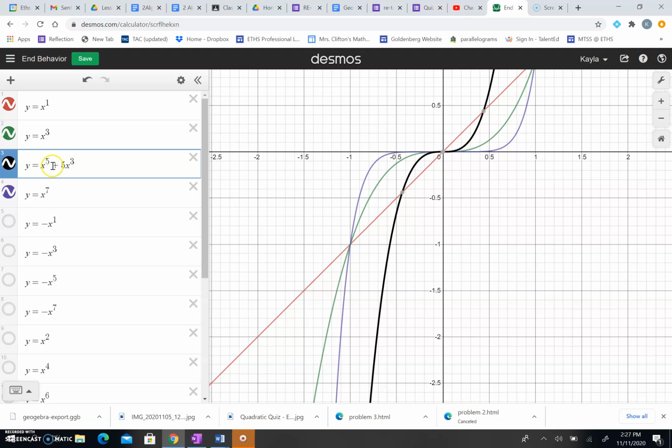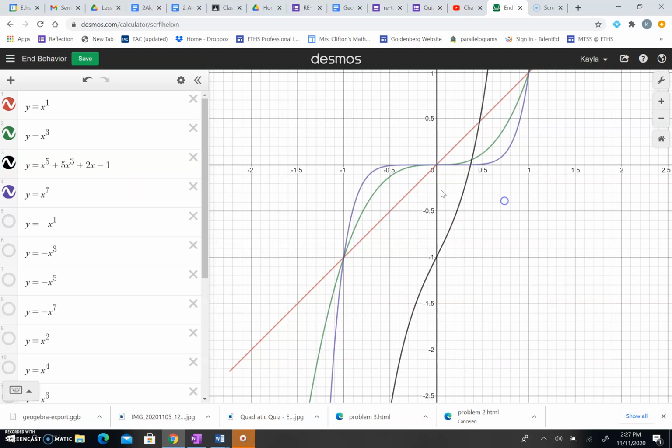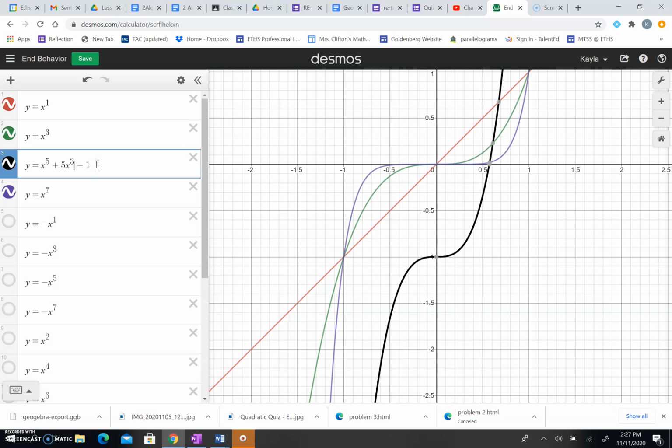It matters that the biggest power is the 5th power. That means that it's in this grouping, right? Could be plus 2x minus 1. There we go. And that one looks a little bit weird, so I'm going to maybe take that out because it doesn't look quite as nice.